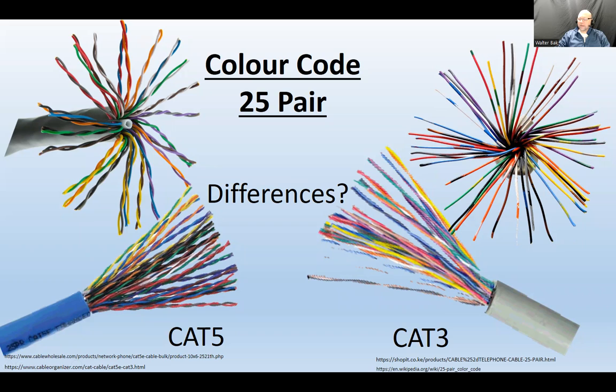Cat 3 will have some sort of a twist, but not as much as Cat 5 or Cat 5e, right? The purpose of the twist is to eliminate crosstalk between pairs. We will talk about that too in another presentation.